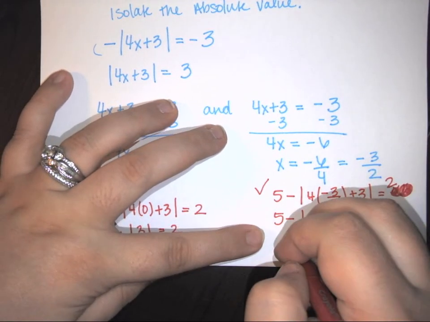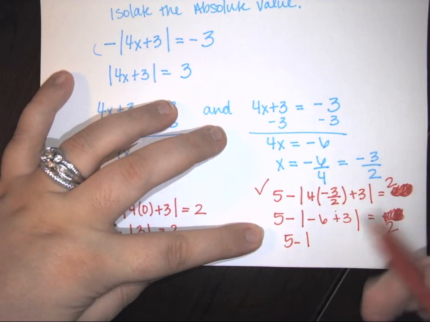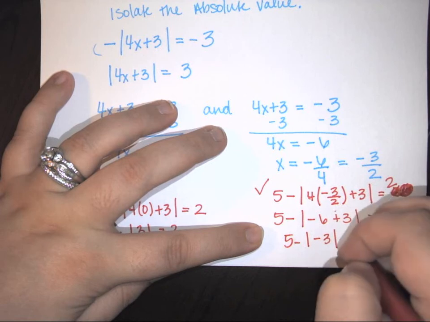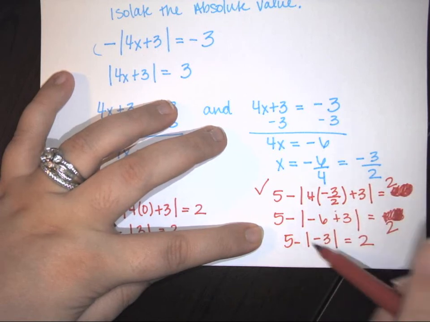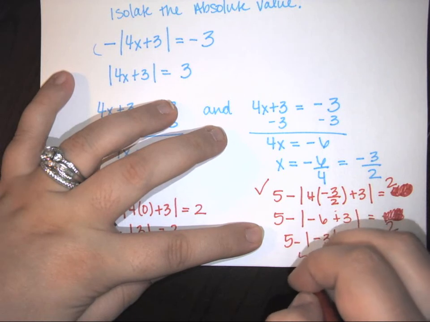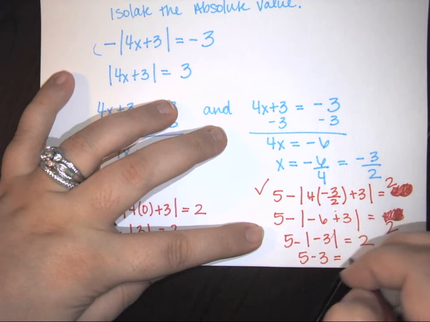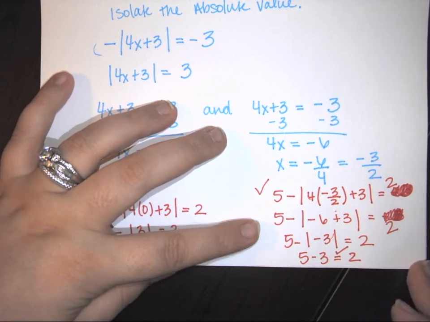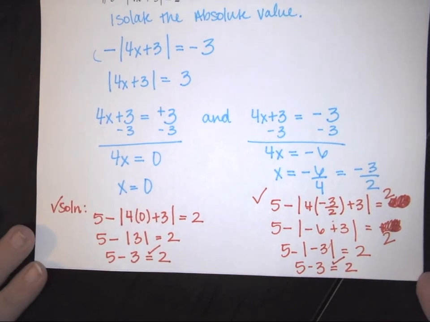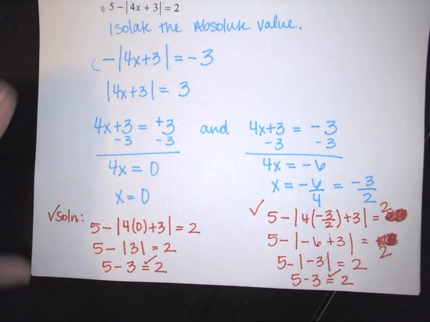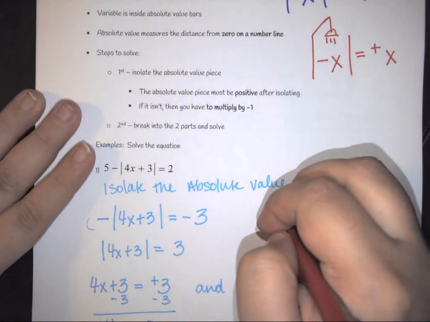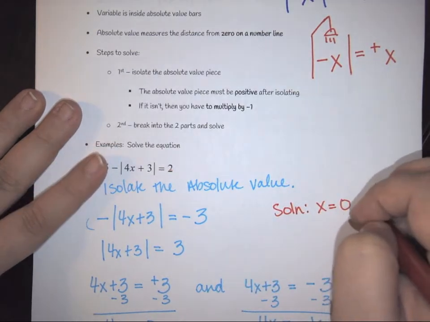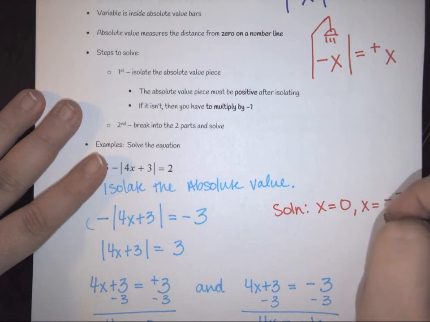So here again I've got 5 minus the absolute value of negative 6 plus 3, which is a negative 3. Evaluate your absolute value and we end up with 5 minus 3 equals 2, which again is a true statement. Since both of these statements work, it means you do have 2 solutions. And so again, your solutions here would be that x equals 0 and x equals negative 3 halves.